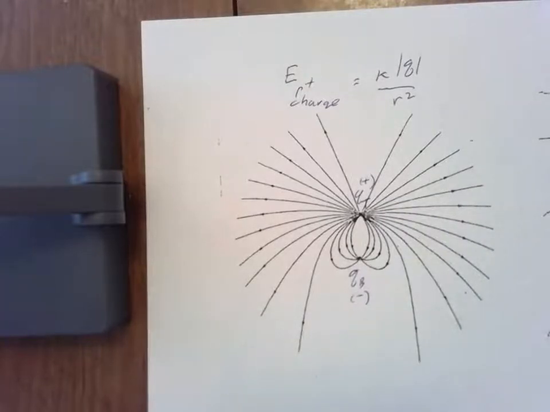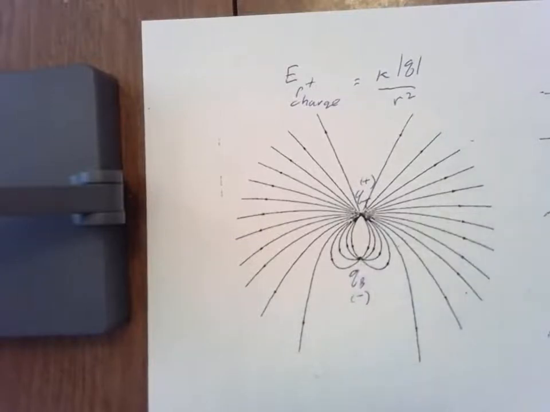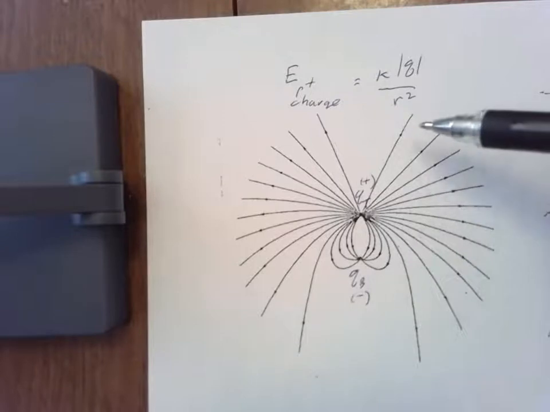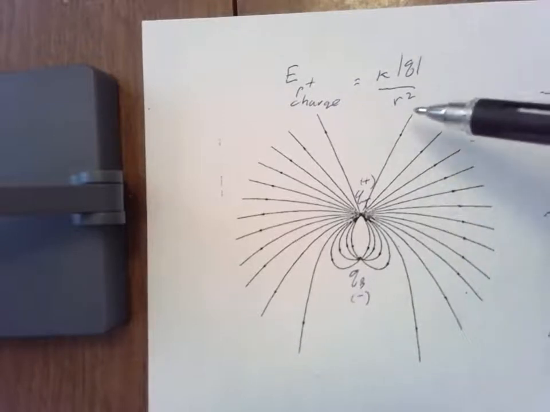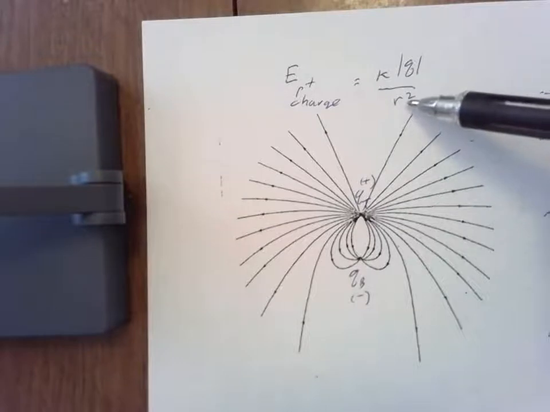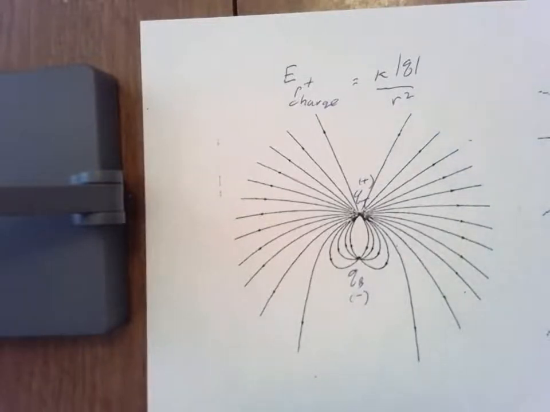Another way that you should know how to explain is, let's pick a point that's not very close to either Q top or Q bottom. And since we want to be able to compare their electric fields, the best way to do that is to pick a point that's equal distance from each charge. So we're going to make the r from each charge the same.